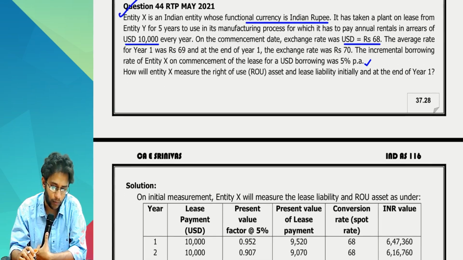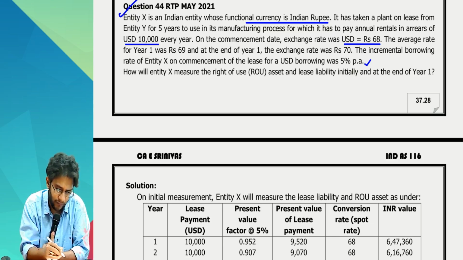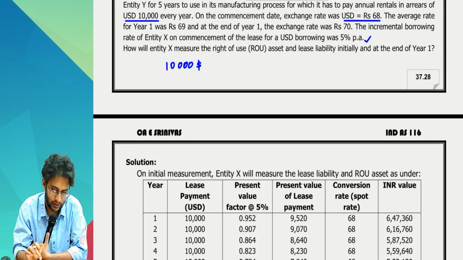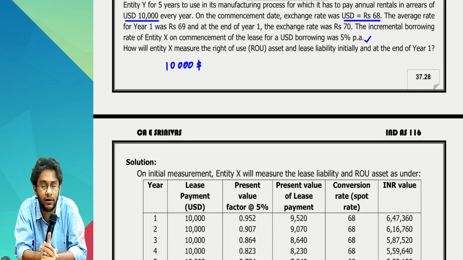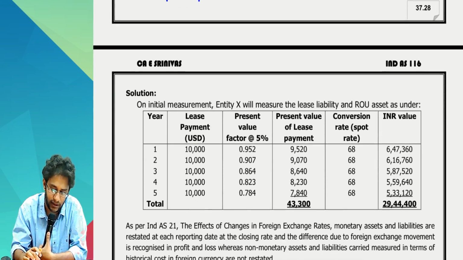Now, as you can see here, when you are standing on the commencement date, every year you have to pay an amount of $10,000. Like that you have to pay for a period of 5 years. So $10,000, do not convert it first, keep that in foreign currency only and use your discounting rate to convert everything into present value.